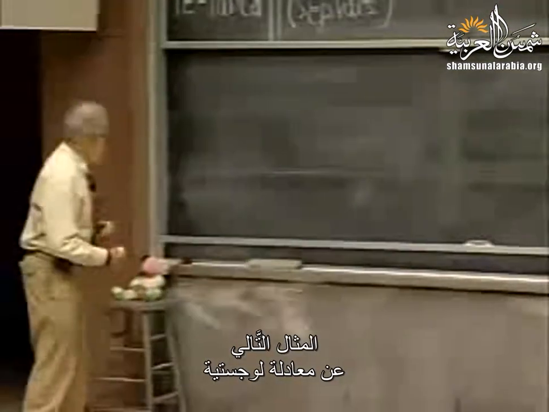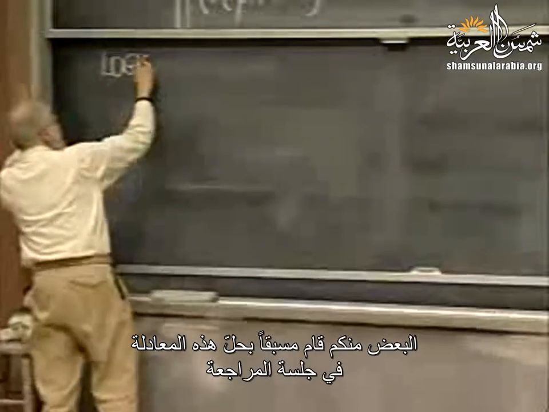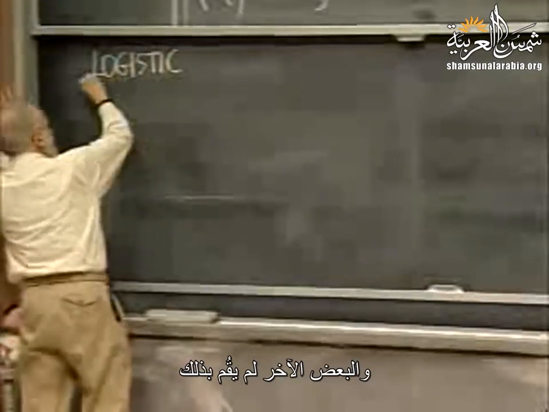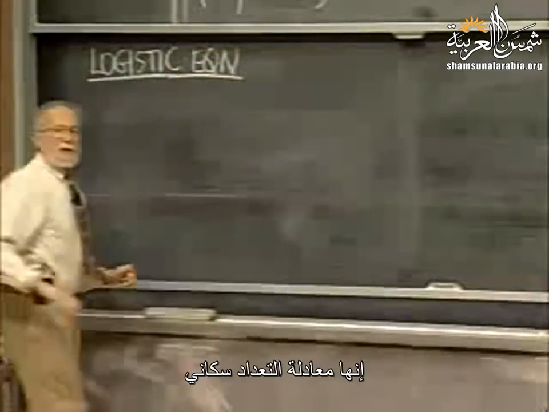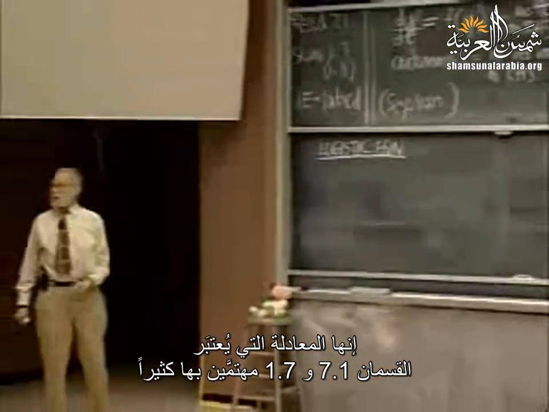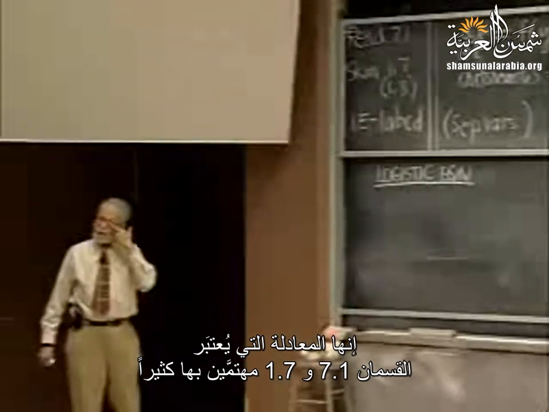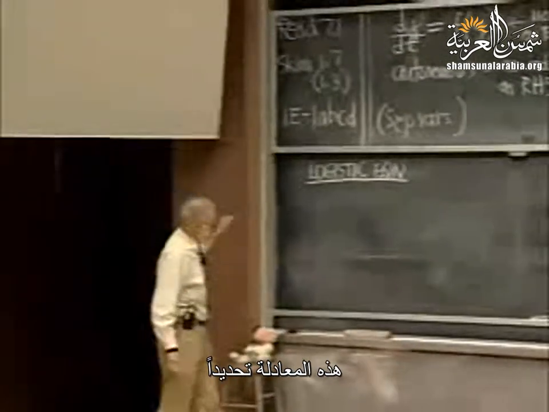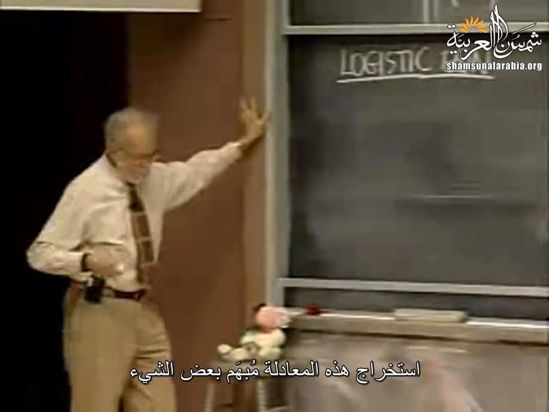Okay. Next example, the logistic equation. Some of you have already solved this in recitation, and some of you haven't. This is a population equation. This is the one that section 7.1 and section 1.7 are most heavily concerned with. The derivation of it is a little vague.